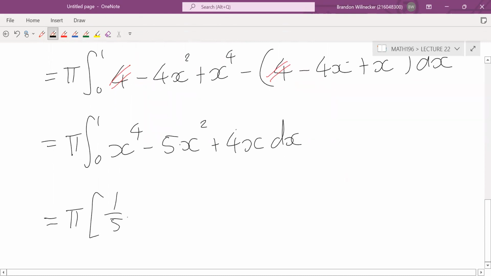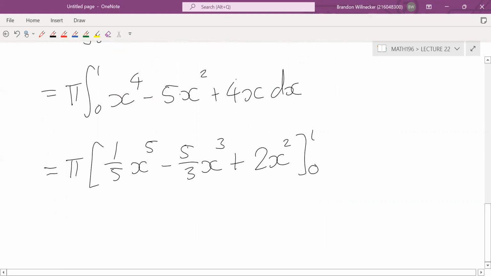We're going to have 1 over 5 x to the 5 minus 5 over 3 x cubed plus 2x squared from 0 to 1. If we substitute 0, we're not going to get anything, so we just substitute 1. That's going to be pi times (1/5 minus 5 over 3 plus 2).